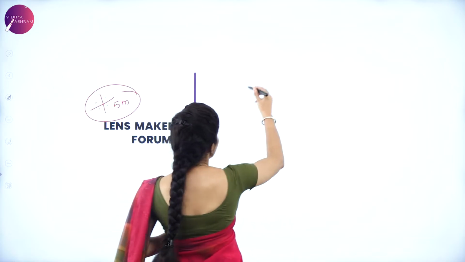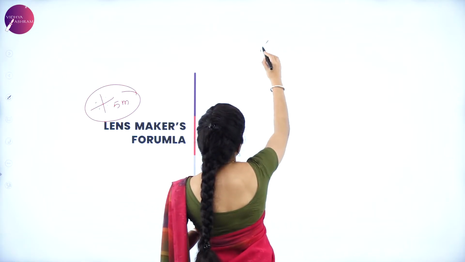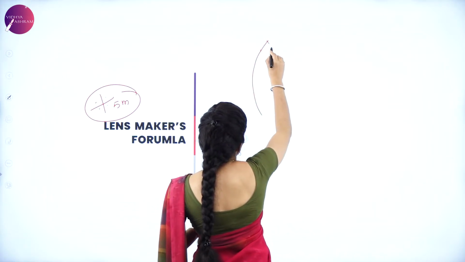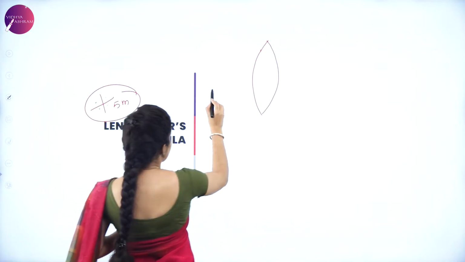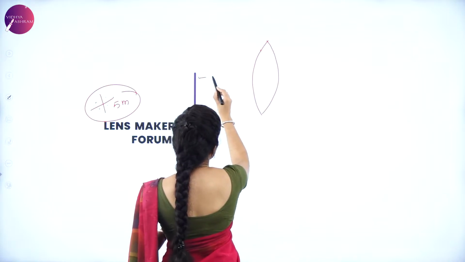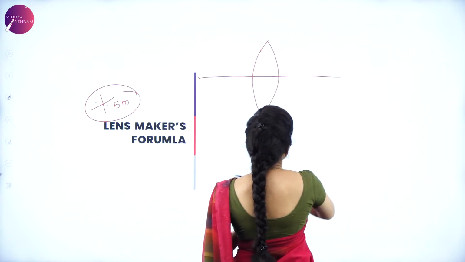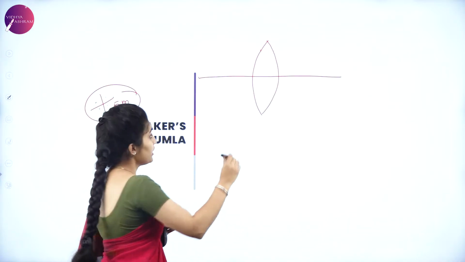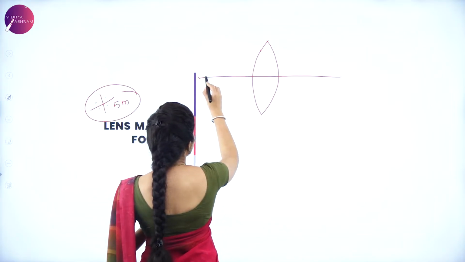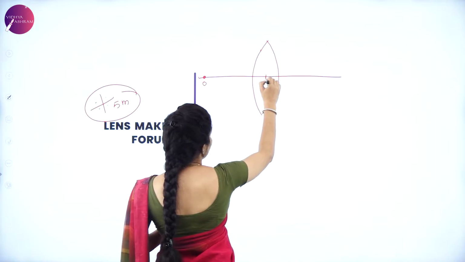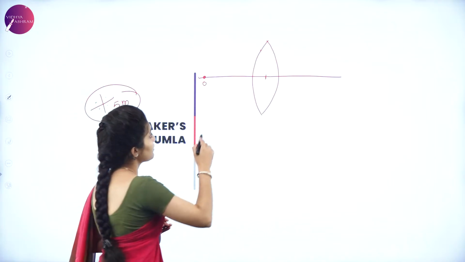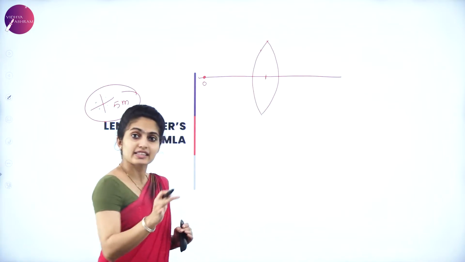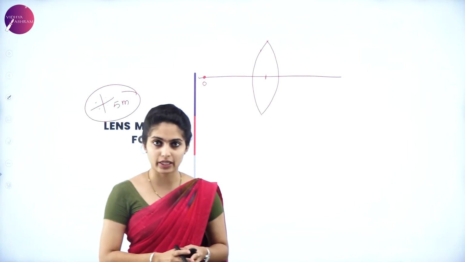So I'll just draw the convex lens which is present over here. So this can be the convex lens. And now draw a principal axis which passes through the center. Okay, so now suppose there is an object, call it O, and let this be the optic center, and just imagine there is a line which passes through it, from where exactly the deviation has to take place.